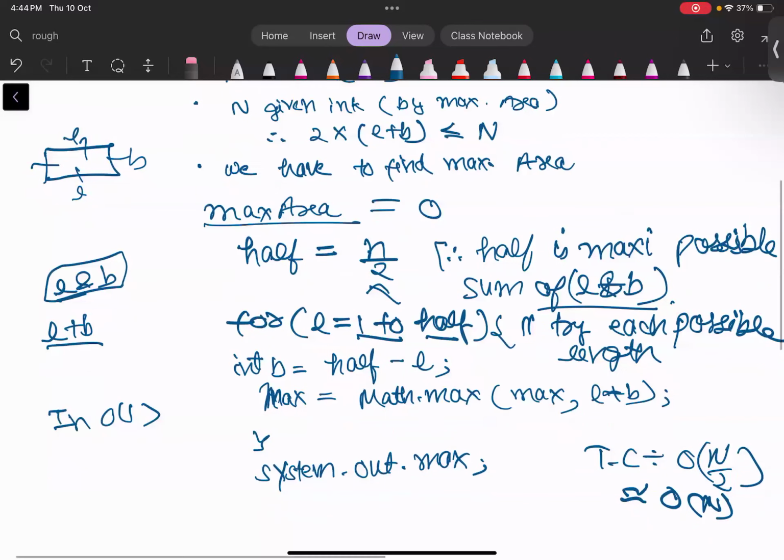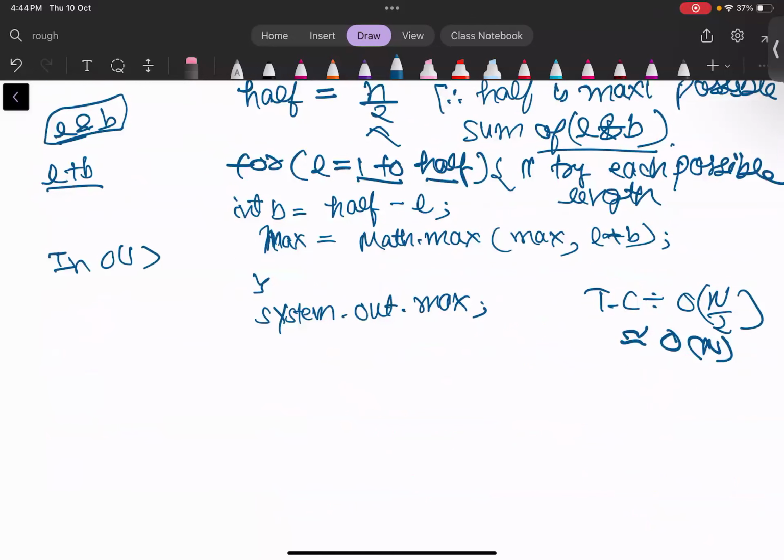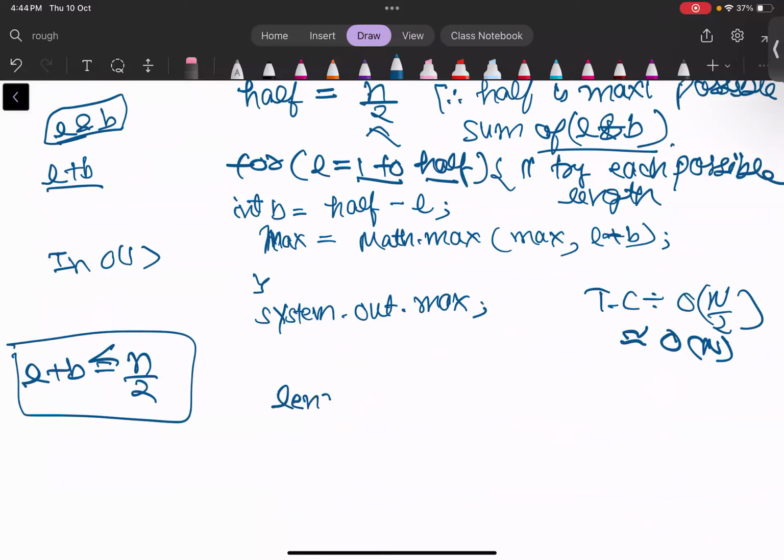Now see, half is N by 2. We know L plus B is equal to N by 2. We can use this. Now, how can we calculate the length? Take an example where N is equal to 8. When length is 1, breadth is 3.